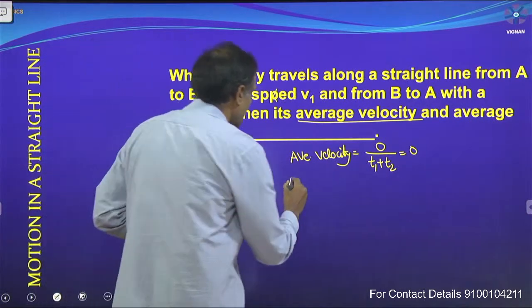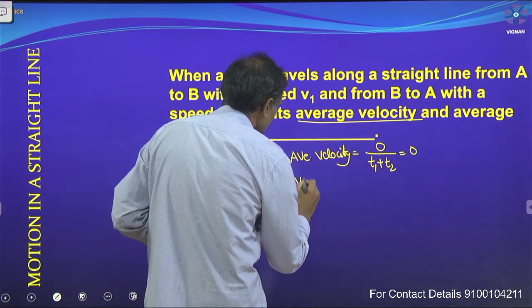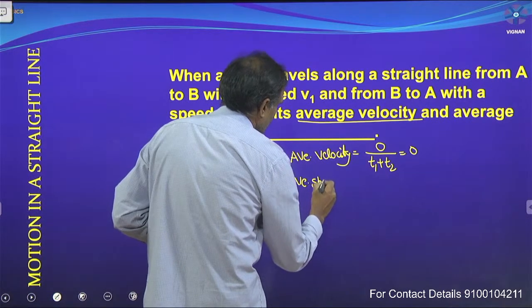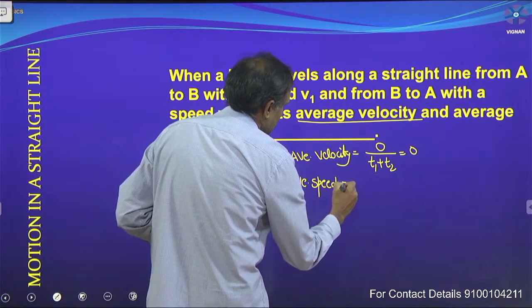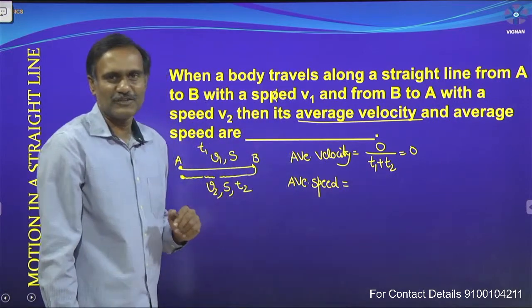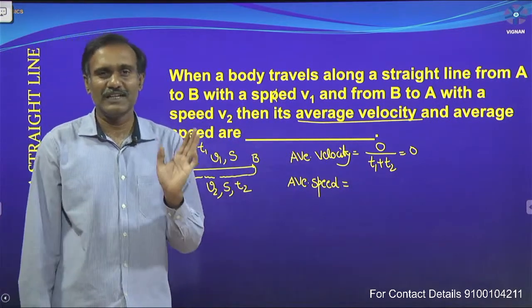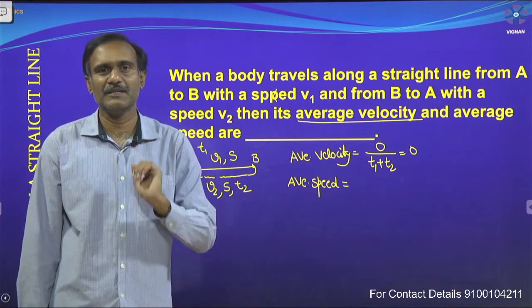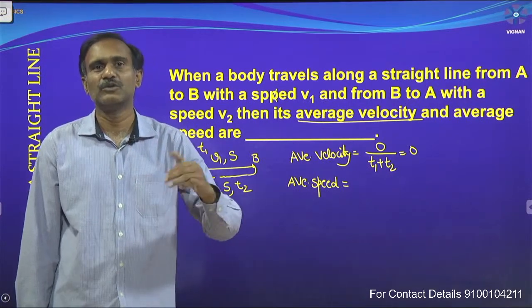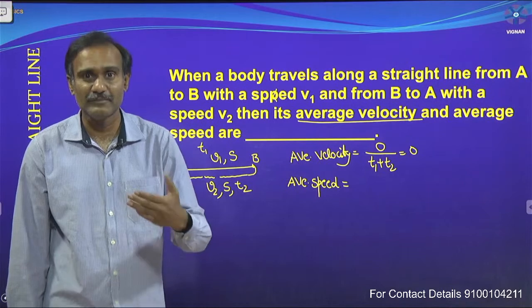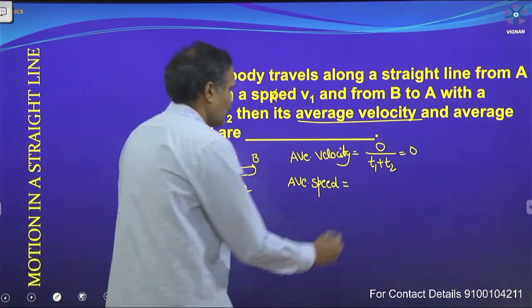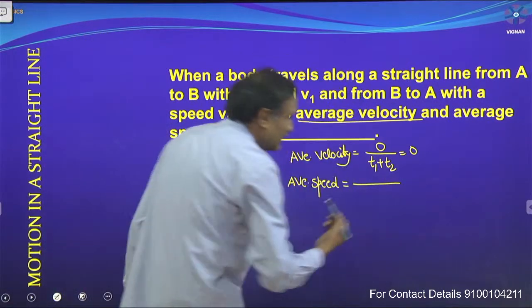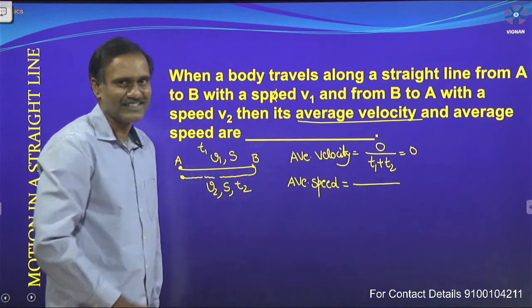Now you calculate the average speed here. What is the definition of average speed? Total length of the path travelled by the particle divided by total time taken. Now what is the total length of the path travelled by the particle?